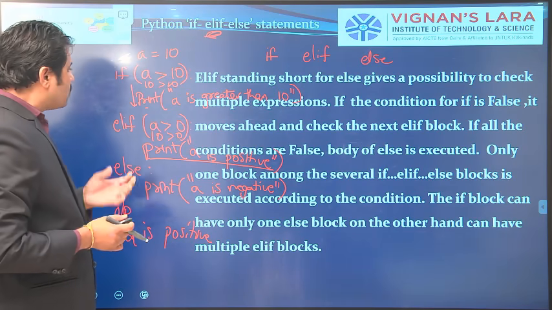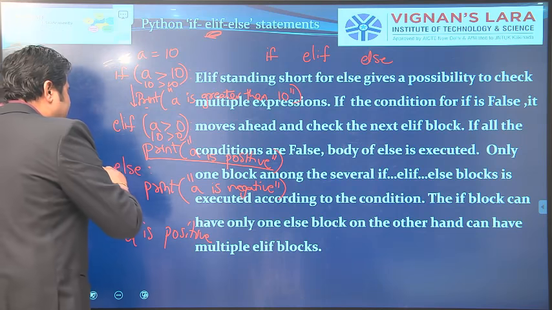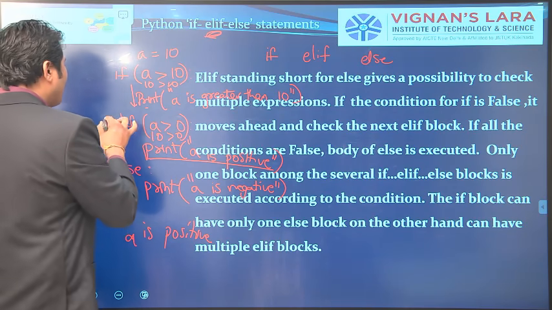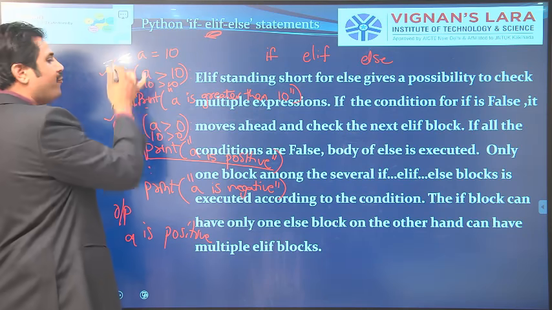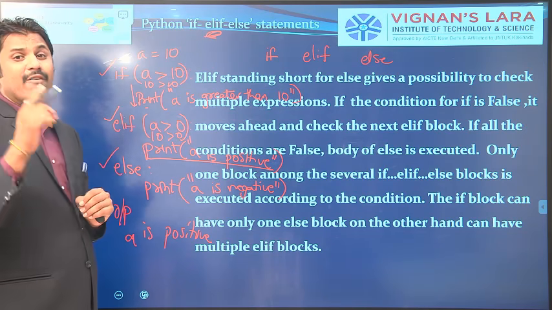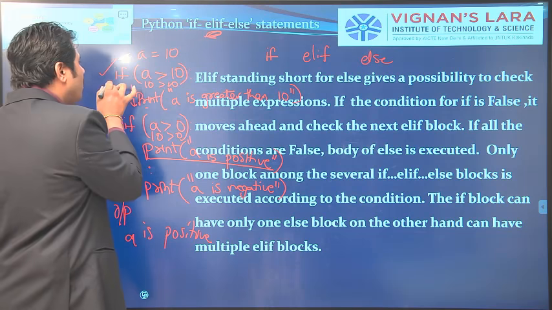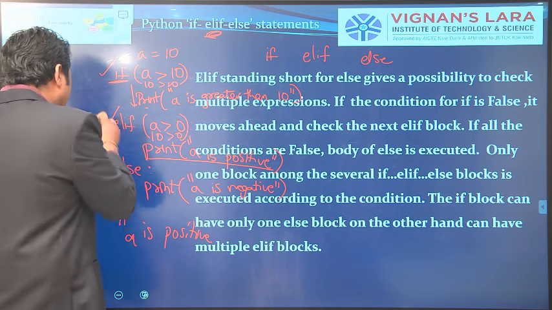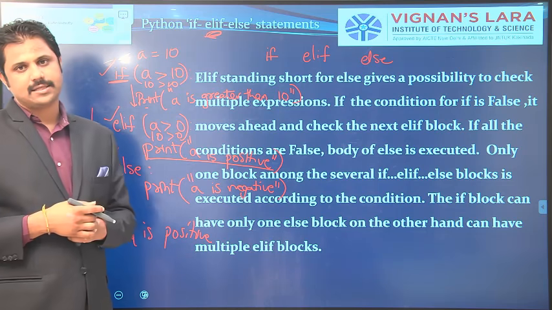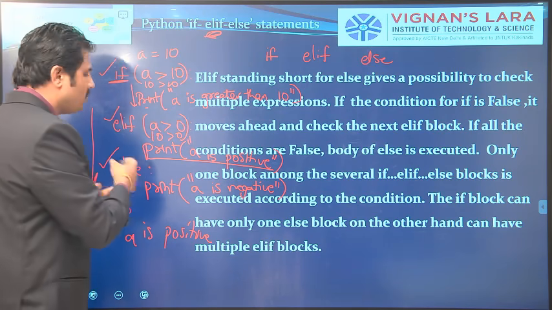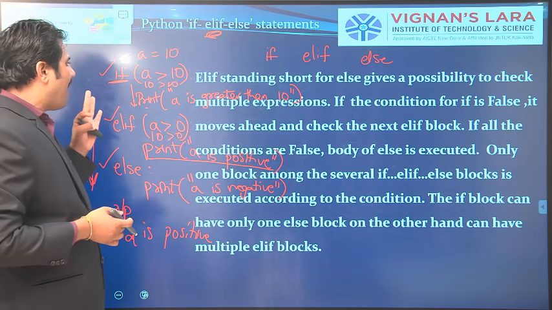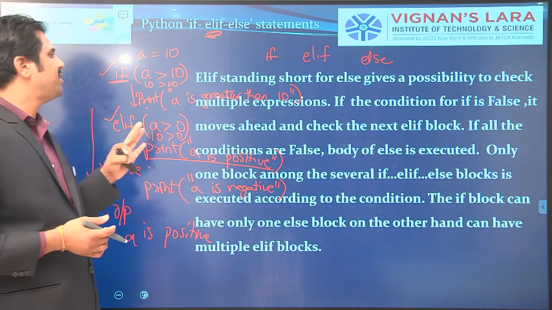And again it skips the else block. It doesn't execute else if either elif or if executes. For example, if the if is going to be executed, it skips elif and else. It doesn't check the bottom statements. Okay, so you have to remember this point.